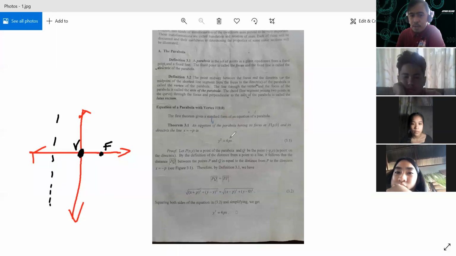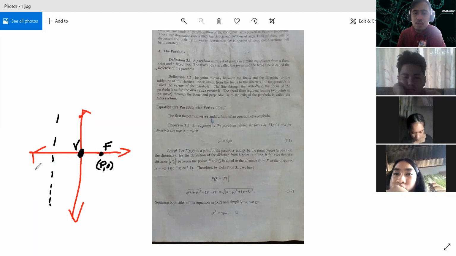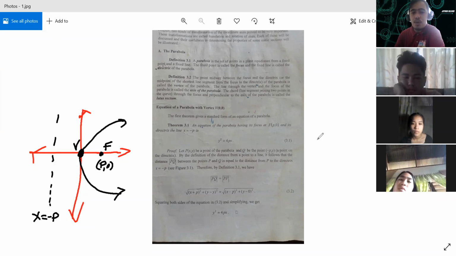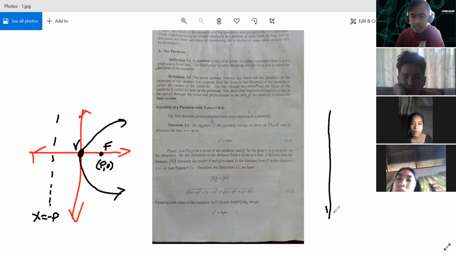This theorem states that if your parabola has a focus at P, 0, say for example here, this is the point P, 0, and your directrix is at x equal to negative P. Say for example, if this is P, then this line is x equal to the negative of P. And this parabola is either opening to the left, or the other case is this.